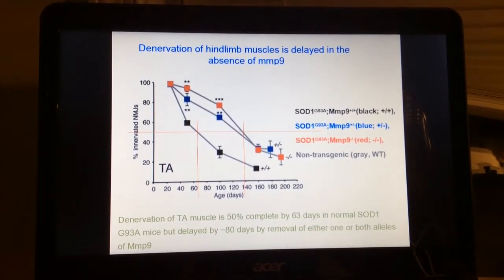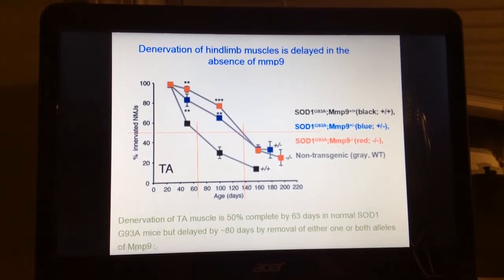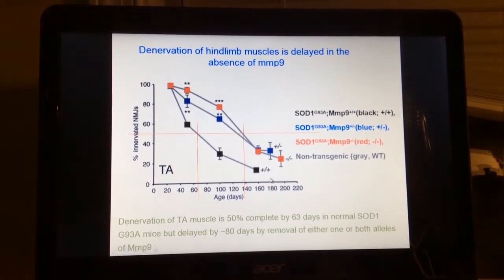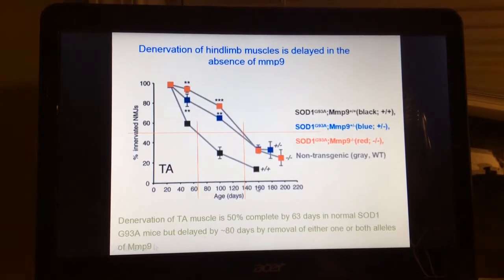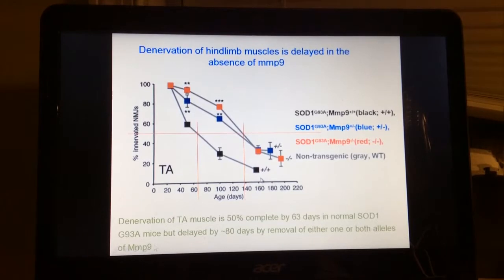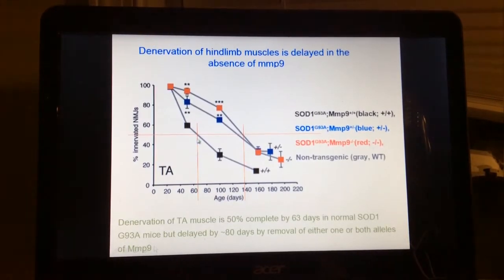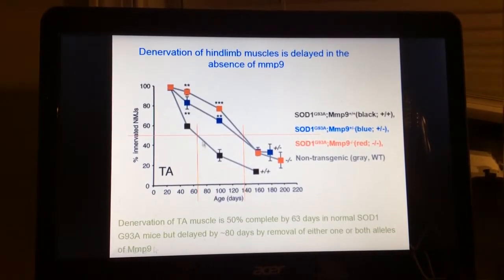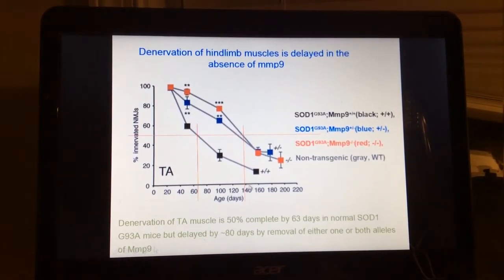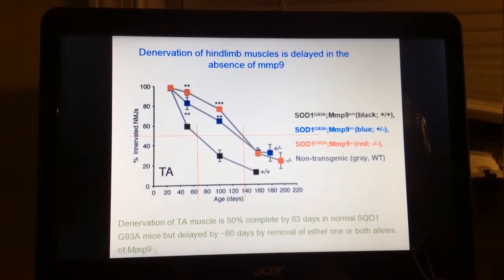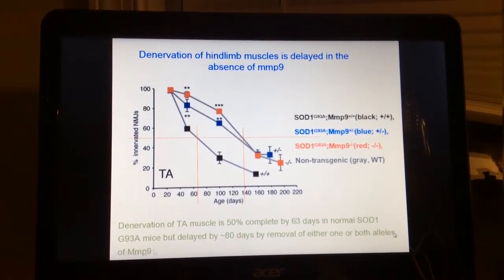So in black, this is the mouse model with MMP9, which shows nearly complete denervation by end stage. The innervation of TA muscle is 50% complete by 33 days in normal SOD1 G93A mice, but delayed to about 80 days by removal of either one or both alleles of MMP9.